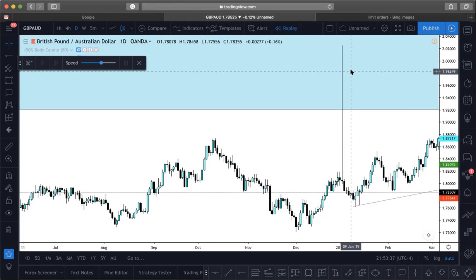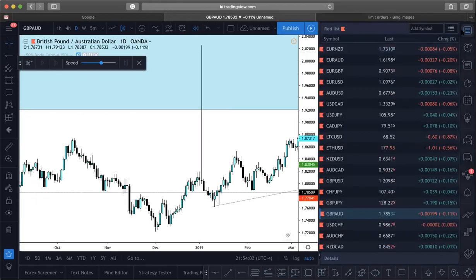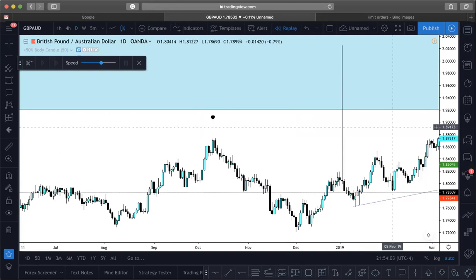But this is why we have stop losses to protect us. This is why we have stop losses: you decide how much you're willing to risk for every trade. If you're only willing to lose $100 on this trade, then you set your stop loss to the level where it's $100, and adjust the size of your trade so that the risk is $100 for the trade, right?